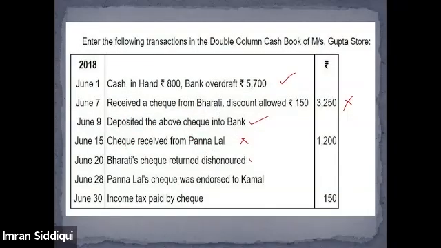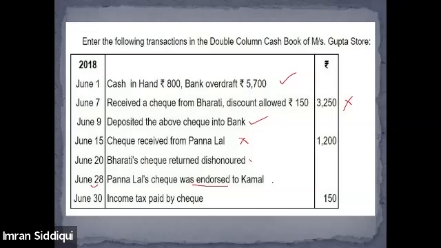Then next transaction on June 28, Panna Lal check was endorsed to Kamal. Now see, we received a check from Panna Lal on June 15, which is not even recorded in the cash book. And even without recording it in the cash book, we just endorsed, meaning transferred, it to Kamal.